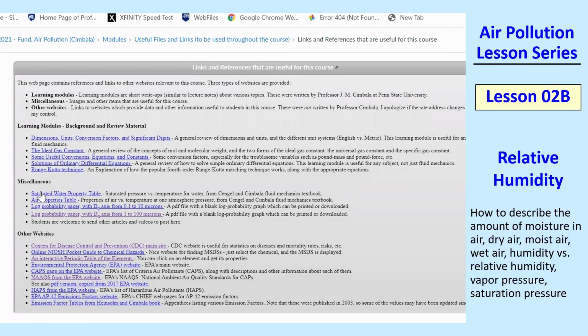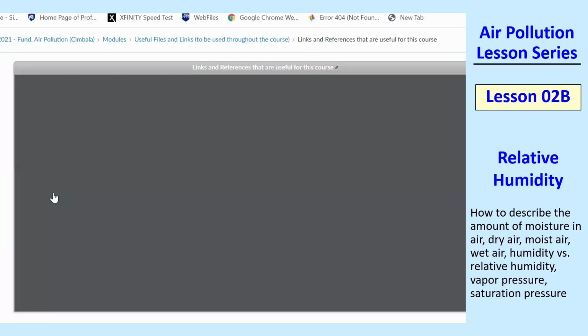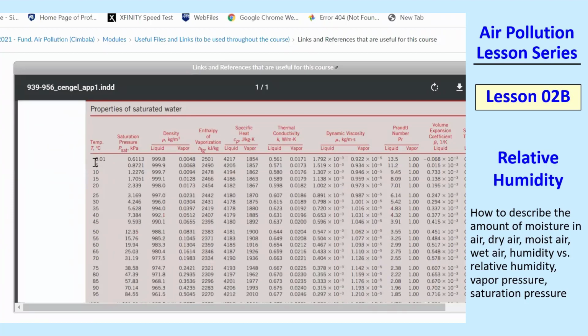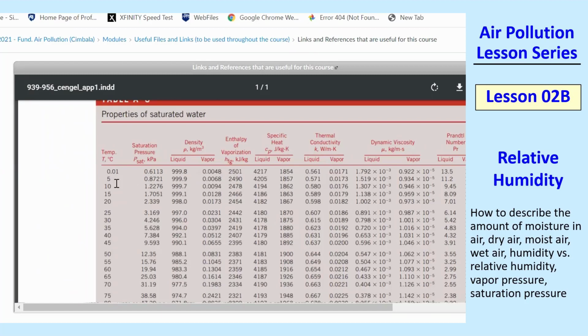And under miscellaneous, the first one there is saturated water table. And so here's temperature in degrees C and PSAT in kPa. And so you see, for example, at normal room temperature around 20 degrees C, PSAT is 2.339 kPa. As temperature goes up, PSAT goes up. And so that's why we can say warm air can hold more moisture than cold air.